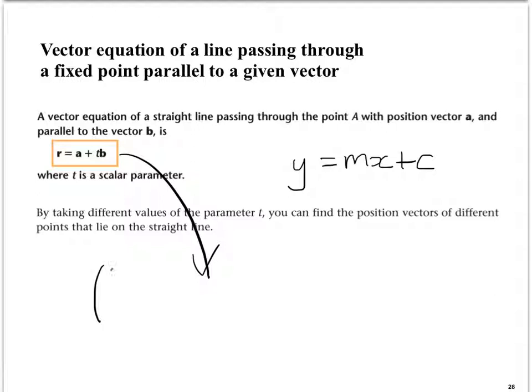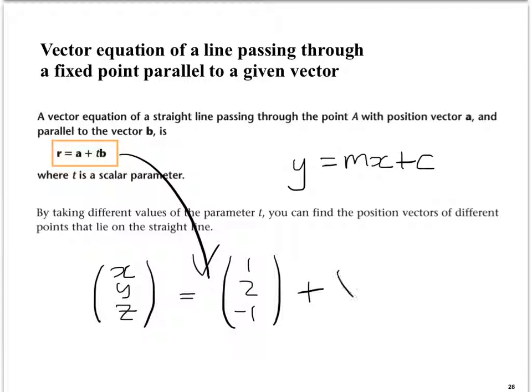So the r part on the left-hand side, you could think of that as any point on the line, x, y, and z, written in component form, a lot easier. a is a vector. Let's just do an example here. That's any point on the line. In this example they've got t, I'll use lambda. That is a scalar, a number, and then b is the vector in the direction of the line.